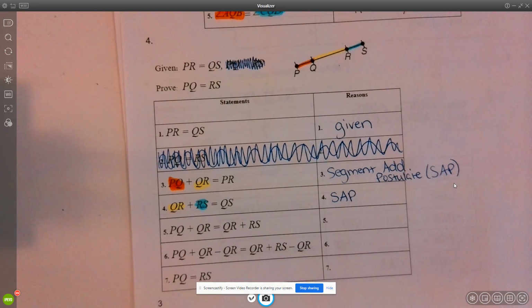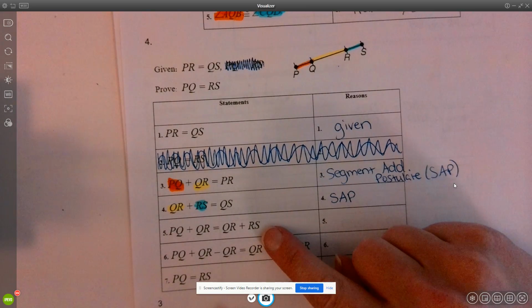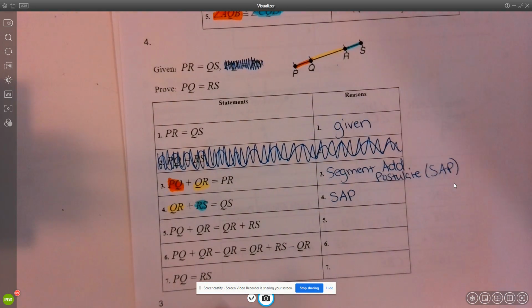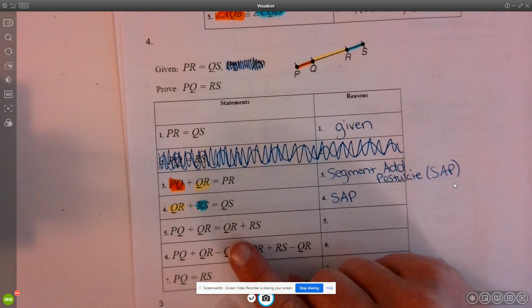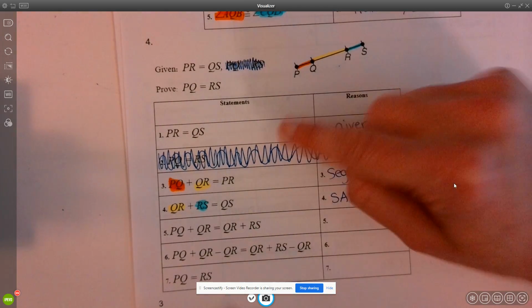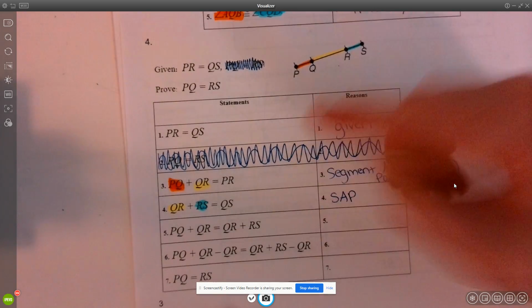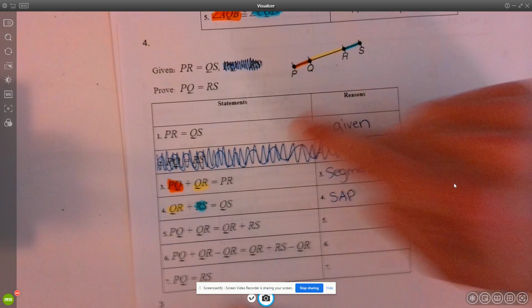So now we're looking at my 5th statement. And I can tell from here this is not going to be any kind of segment addition postulate because there's no part plus part equals a whole. And so this is kind of telling me that this statement is probably coming from the ones up above. So we kind of have to figure out how they are getting statement 5 from the ones we already have.